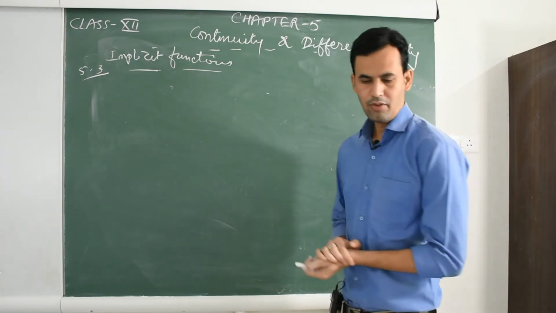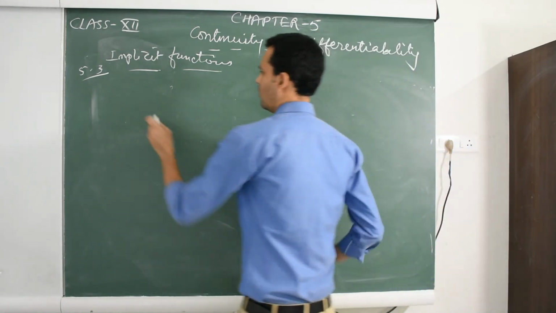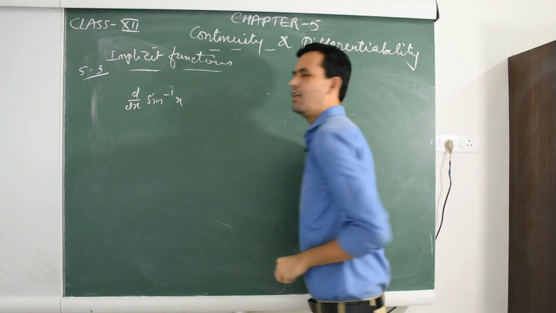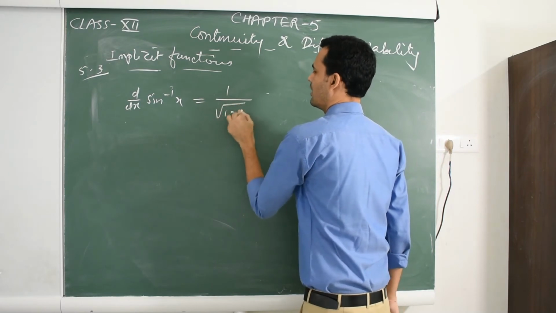So first we know the differentiation of inverse functions. d by dx of sine inverse x is 1 upon root 1 minus x square.